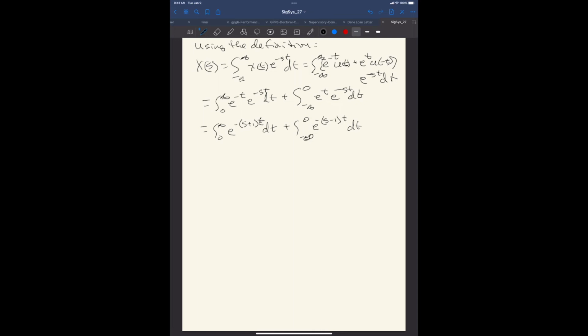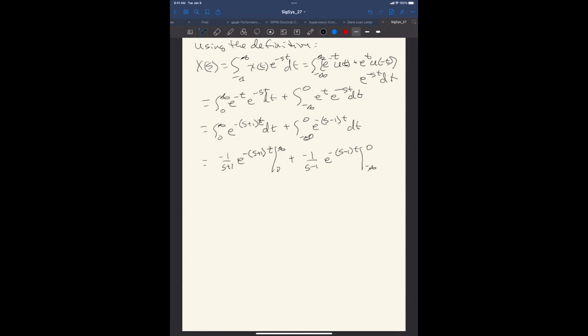Using basic calculus that you learned, these are just e to the at, so this evaluation then is, excuse me, I need to do the division, so I have minus 1 over s plus 1, e to the minus s plus 1 t, 0 to infinity, and minus 1 over s minus 1, e to the minus s minus 1 t, again minus infinity to 0.